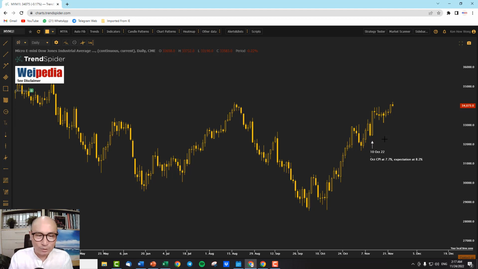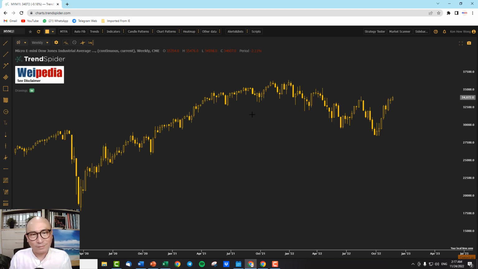Now let's go back to the weekly chart, and let's go to the conclusion. And what we're seeing here, and what we've discussed at the beginning of this tutorial, is that this uptrend line is still valid, and the fundamental reason it is still valid is that 7.7% is double the size of what inflation should be, and it has broken in the first place.